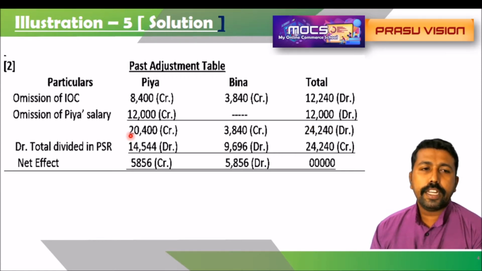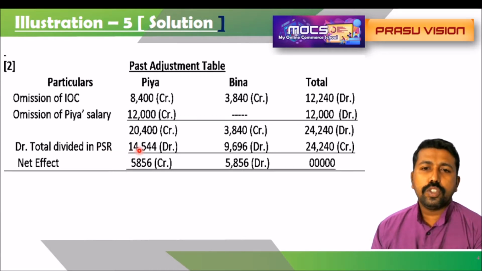After finding the total of interest on capital and salary, we share the 24,240 in their profit sharing ratio. The debit balance, the loss, is divided between the partners in their profit sharing ratio.